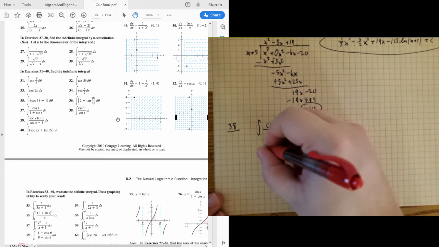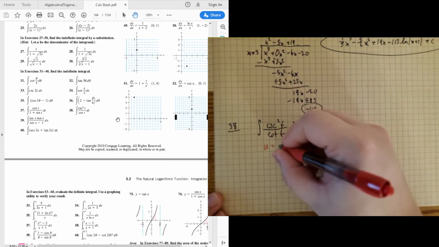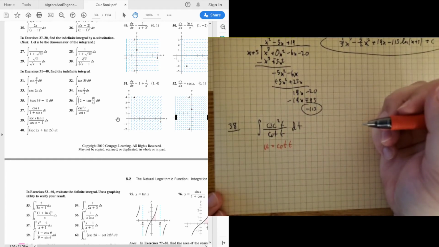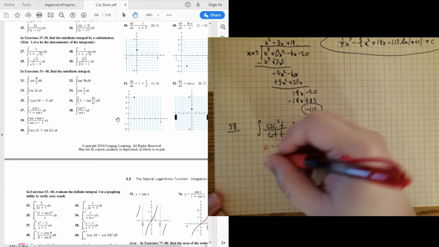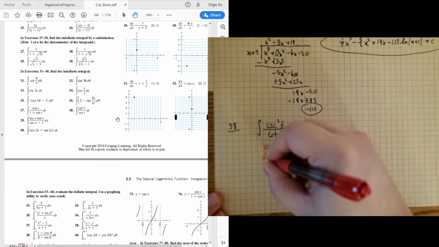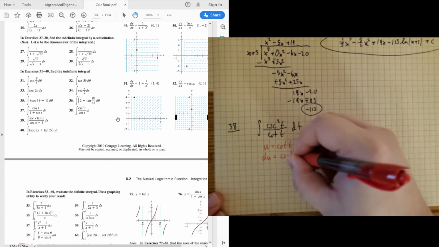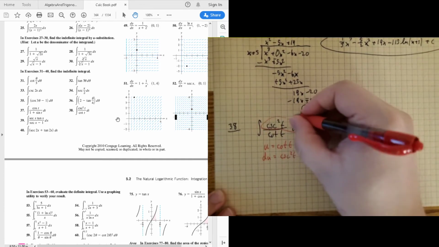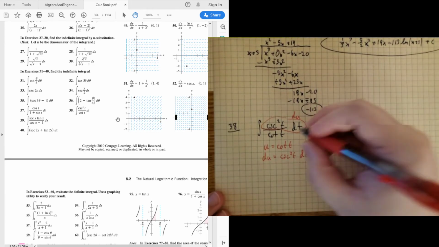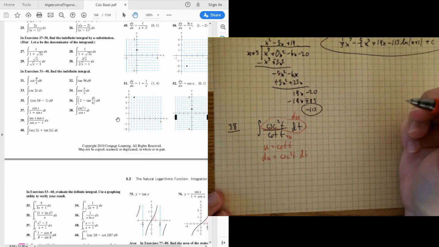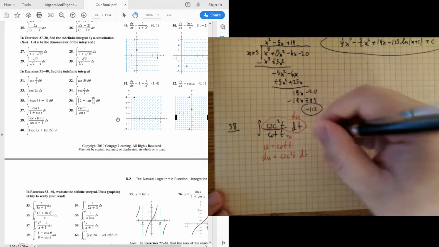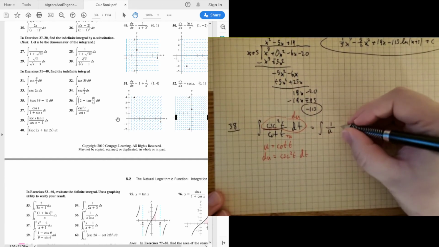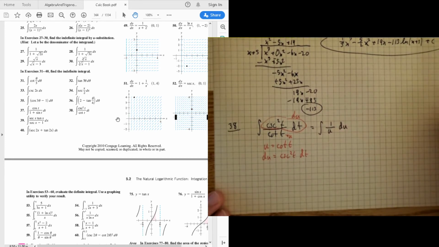Well, if we look at this, you might recognize that cotangent has a derivative in the problem. The derivative of cotangent is negative cosecant squared, which means I have du already in the problem, and I have u in the problem, meaning I can take this function and rewrite it as 1 over u du.